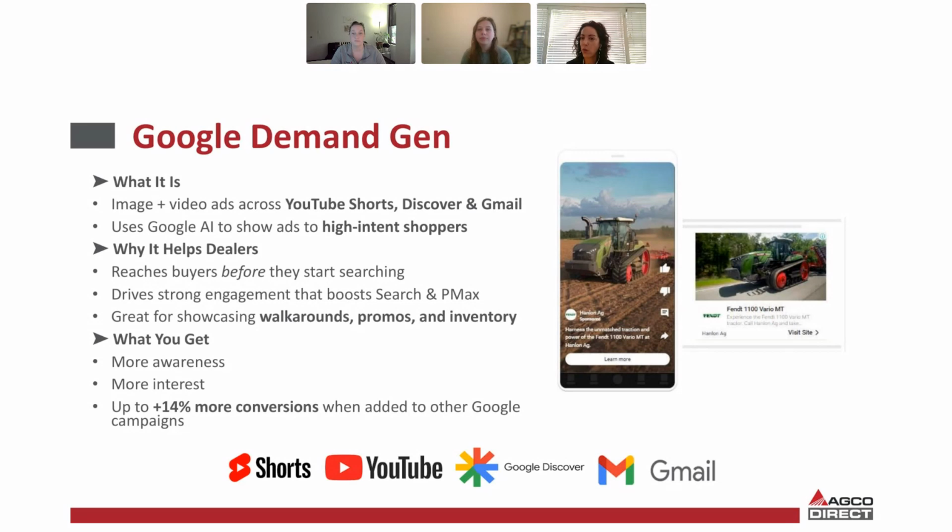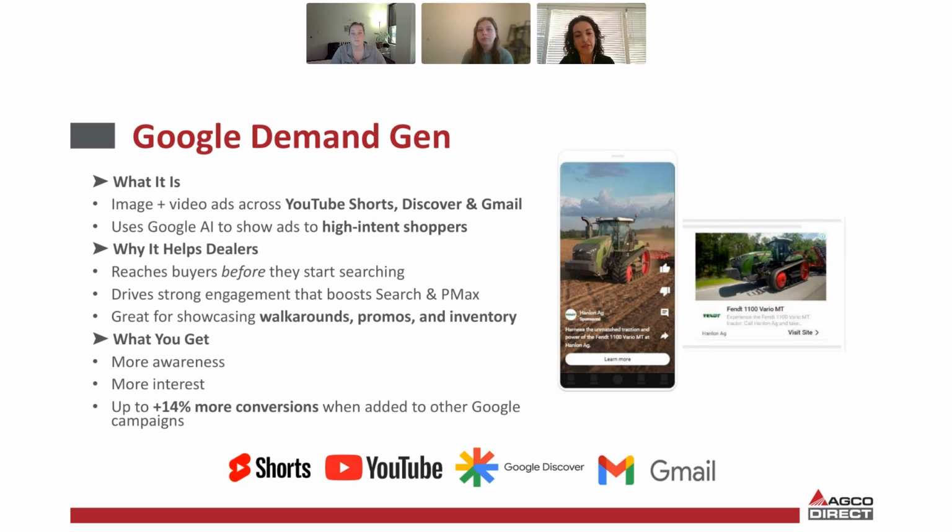Video is becoming more and more important for messaging, and it's kind of the favored media for organic and paid media. So Demand Gen takes that into account and will place ads across YouTube Shorts, YouTube, Google Discover, which is what pops up when you're viewing the Google site on your phone. Often you'll see articles below your search bar.